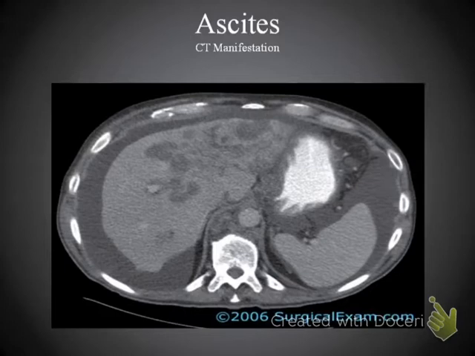And for those of you who are in the CT physics class, we will find that the CT number of water is actually 0, in terms of Hounsfield units. So that's something that we can measure, but it's really not important right now because it's pretty obvious that this person has ascites.